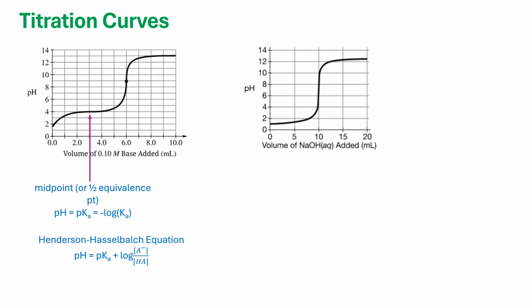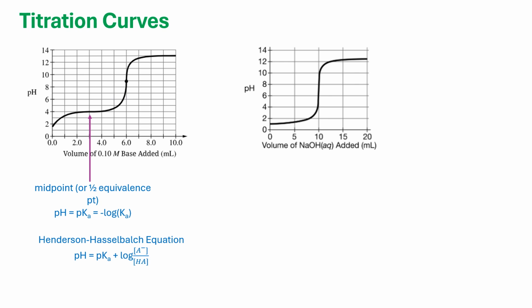So where does that come from? Why can we say that? It comes from what's called the Henderson-Hasselbalch equation, which you will get on the AP exam, which says the pH is equal to pKa plus the log of the ratio of concentrations of conjugate base and weak acid.